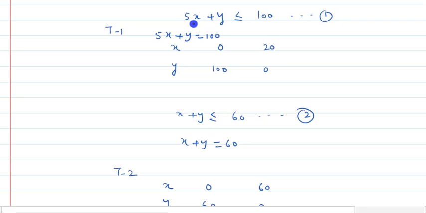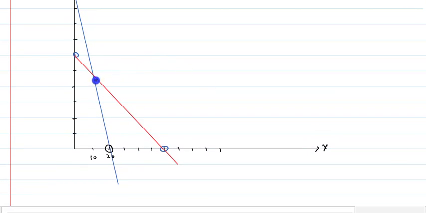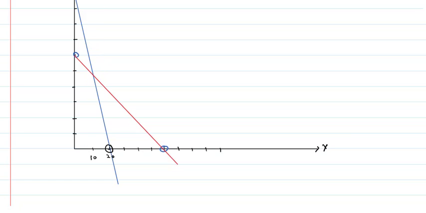For that you need to put x and y both as 0, meaning we'll check it at the origin. So if we put x as 0 and y as 0, clearly it will give us 0 less than or equal to 100, which is true. So therefore the shading of the first line will be towards the origin. So let me do the shading for it.